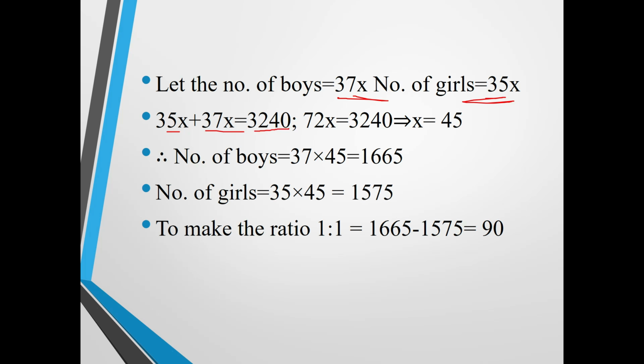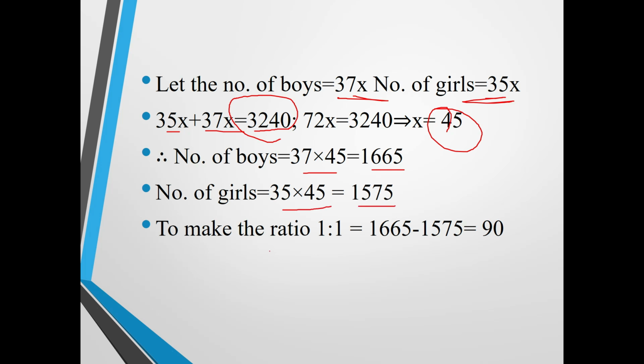It is given in the question that total number of students is 3240. And while solving this, we will get 72x is equal to 3240 and x is equal to 45. Then number of boys is equal to 37x, that is 37 into 45 is equal to 1665, and number of girls 35x, that is 35 into 45 is equal to 1575.